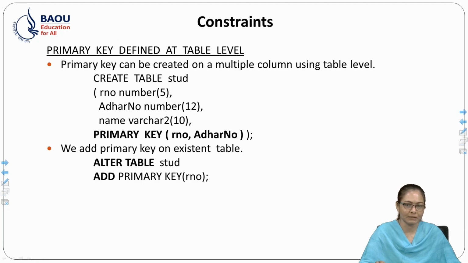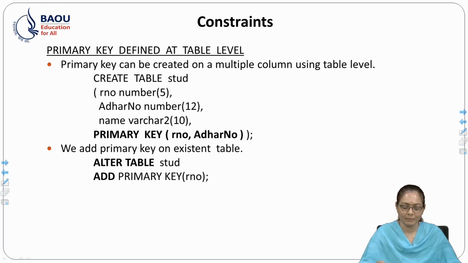For example, alter table student, add primary key in the bracket roll number. So in the student table, roll number becomes a primary key. Here the student table is already created and then we add the primary key to the roll number column.